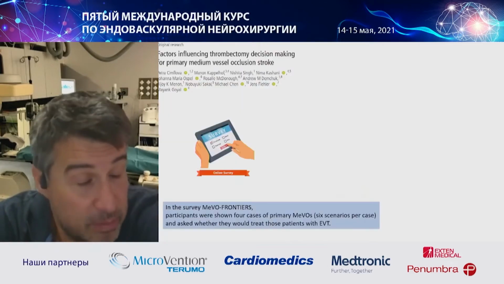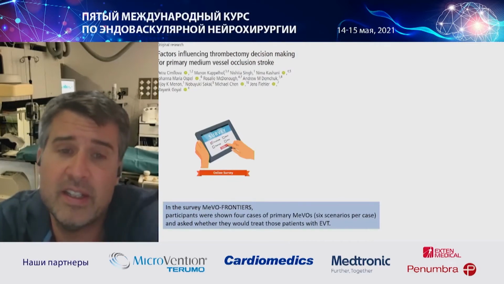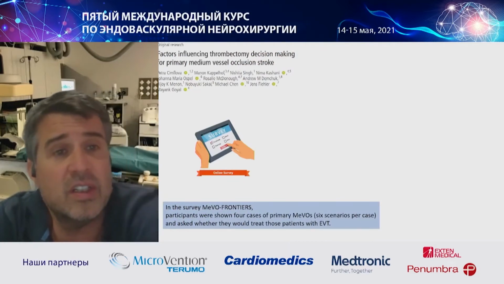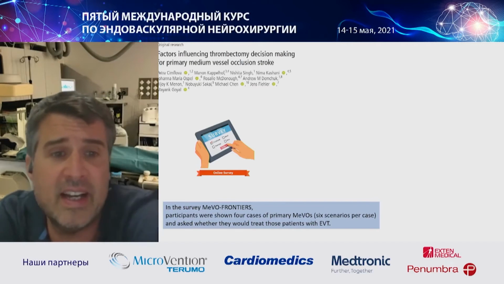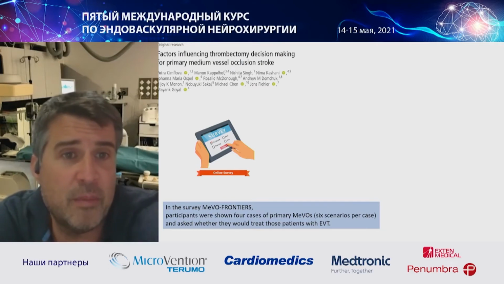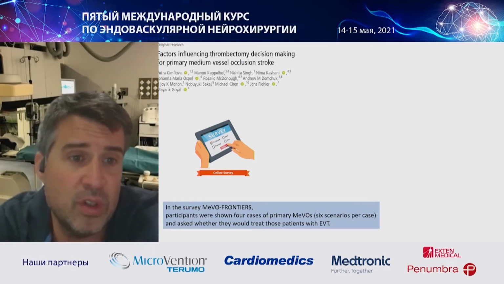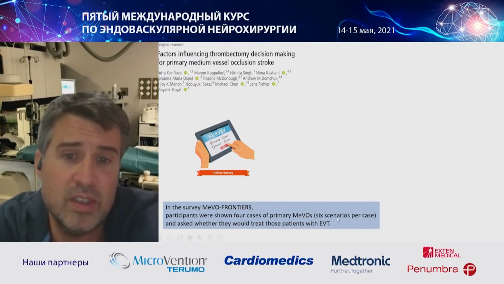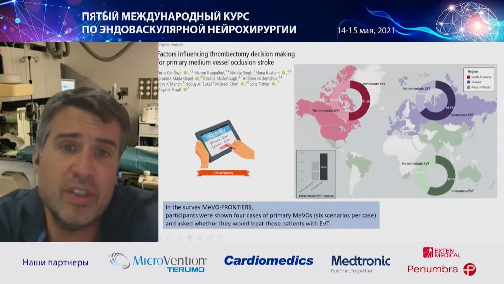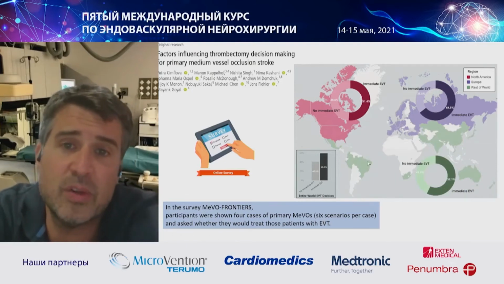However, there's not full evidence. And this other study did a survey among many physicians around the world, and they showed participants different scenarios with patients with what we call mid-sized vascular occlusions, and that was the answer.